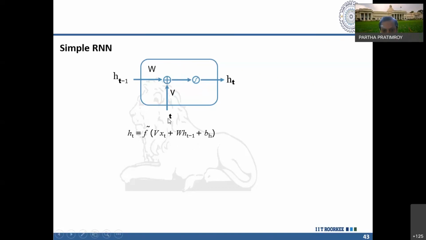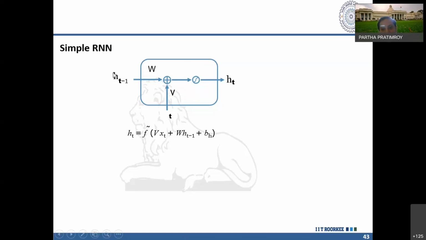You have this input xt, which you multiply with some weights, and then you have the previous layer's information, which is multiplied with some weights, and these are combined. For example, if you have 3 inputs x1, x2, x3, then x1 into v1, x2 into v2 plus x3 into v3, and here W into ht minus 1.